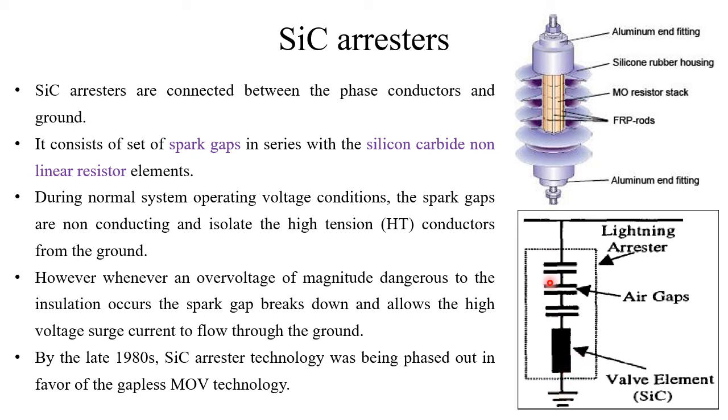This was the most successful arrester till the 1980s. During that time the metal oxide varistor technology emerged, and the silicon carbide arresters were phased out, leading to the gapless metal oxide varistor technology.